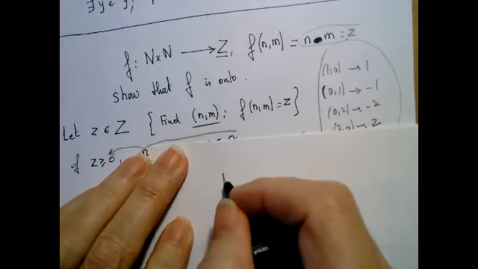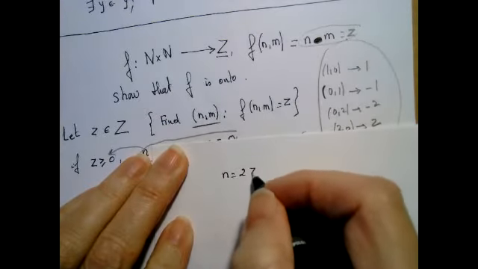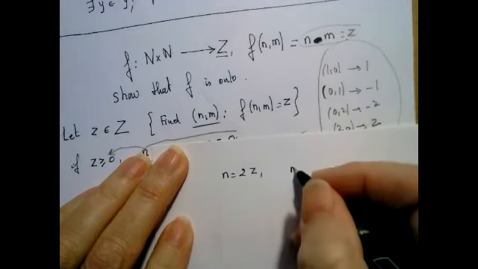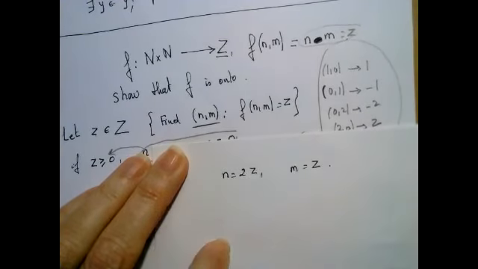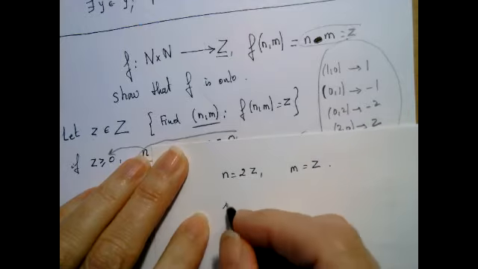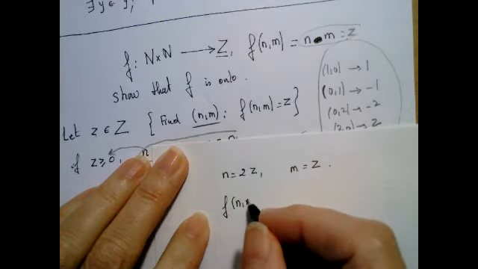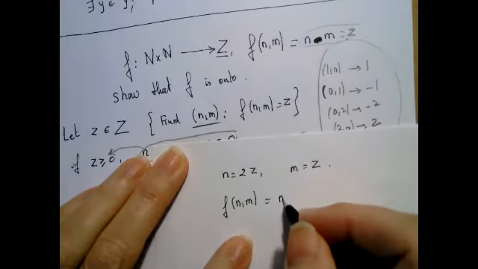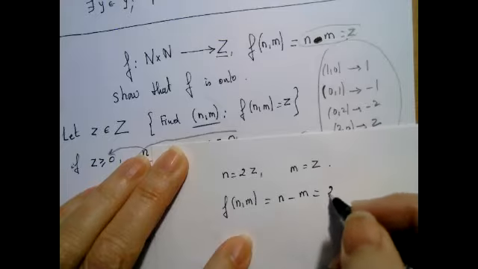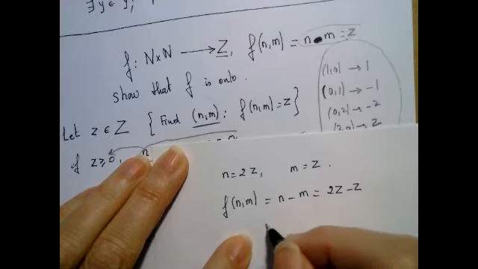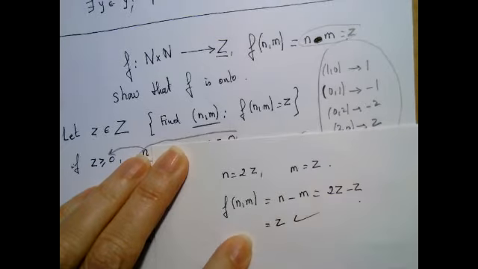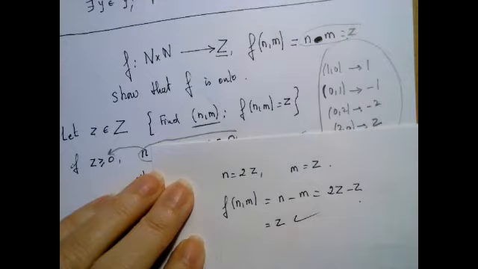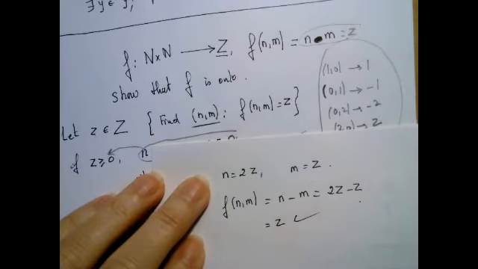Watch. Suppose I take n to be 2Z and m to be Z. I can do that. Will this work? n minus m is 2Z minus Z. This is equal to Z. That's another choice you could have made. Does this answer your question?